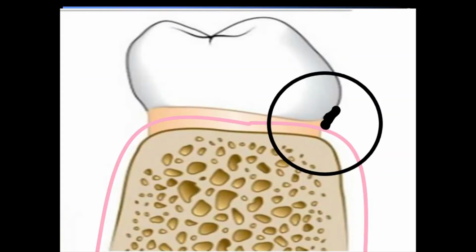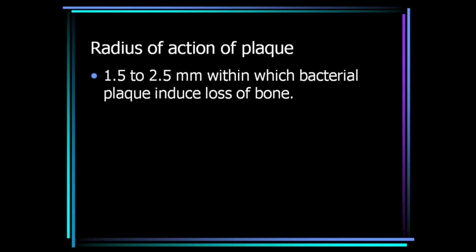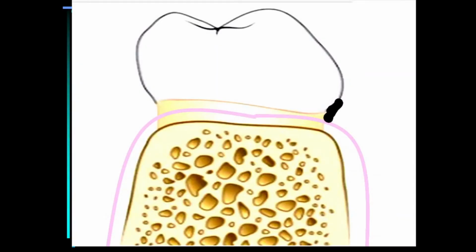That means if we draw a radius, the action of plaque, all the inflammatory components, bone resorption, all the effects of inflammation, will be confined within this diameter. Beyond this, there won't be any effect. So this is a very important parameter to remember: it is 1.5 to 2.5 millimeter.